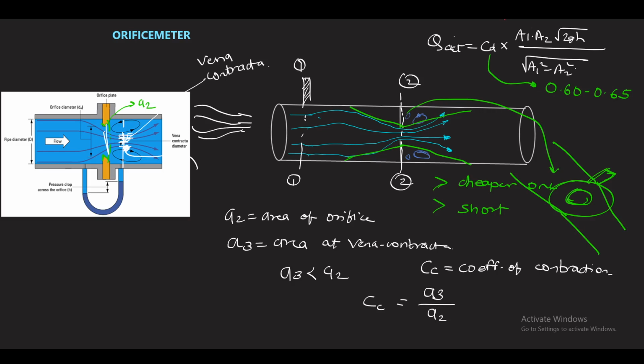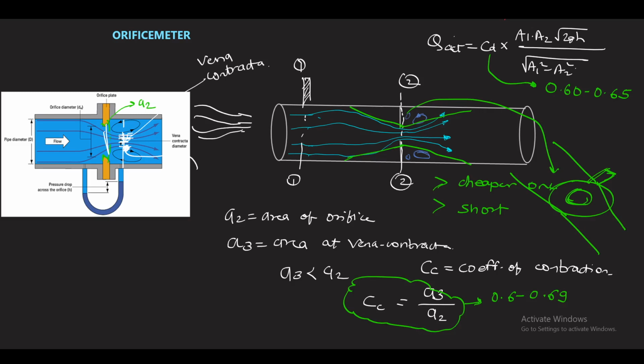The value of the coefficient of contraction is between 0.6 and 0.69. This is the Cc, the coefficient of contraction.